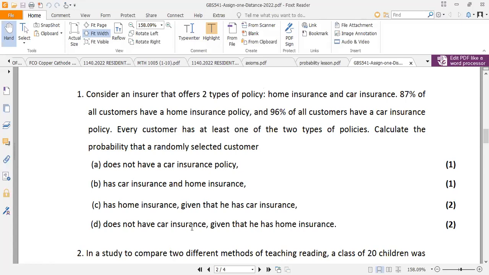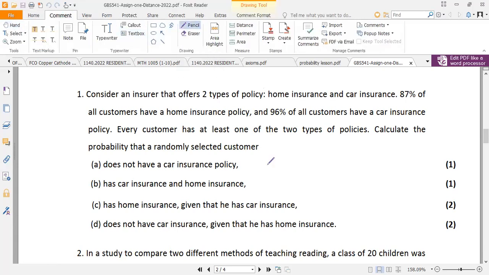Okay, so the last part was asking us to find the probability that he does not have car insurance given that he has home insurance. So we simply find the probability of does not have car insurance, so C complement, given H. So how do we expand this?